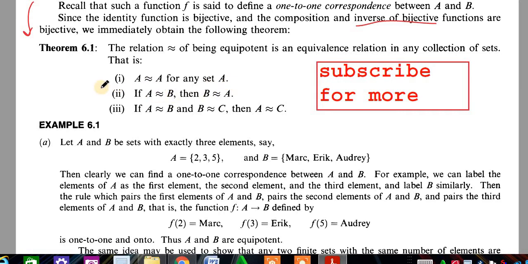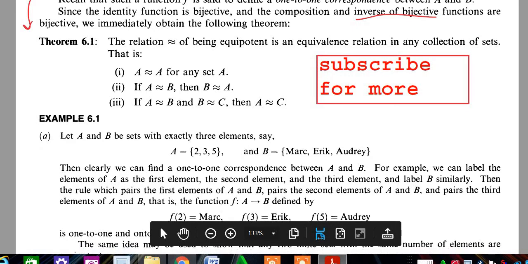If we take any set A, then it will always be equipotent or equivalent to itself. Second, if A is equivalent to B, then B will be equipotent to A. Similarly, if A is equipotent to B and B is equivalent to C, then A will be equivalent to C. So these are some examples.